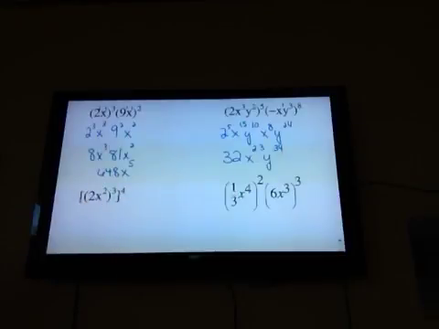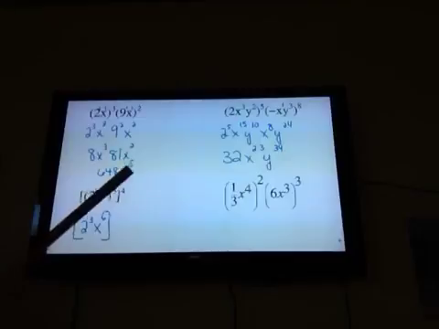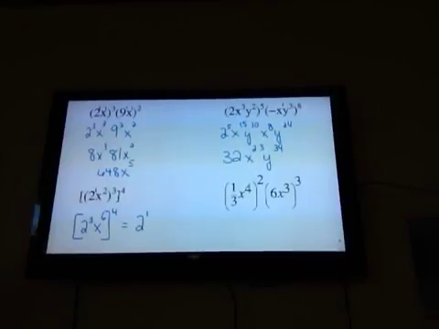So I'm going to get 2 to the 3rd, x to the 6th. So 1 times 3, 2 times 3. Now the 4 is still there, we just imagined it wasn't. And then that's going to give me 2 to the 12th, x to the 24th.